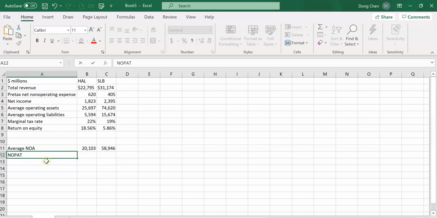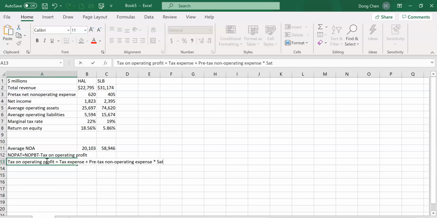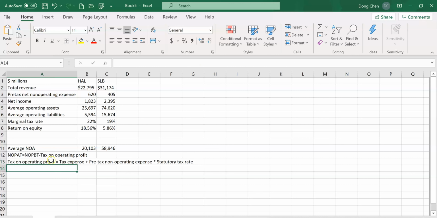And we know that NOPAT equals NOPBT, right, minus tax on operating profit. And tax on operating profit further equals tax expense plus pre-tax non-operating expense times statutory tax rate. All right, so that's the formula we need to use in order to figure out this NOPAT.